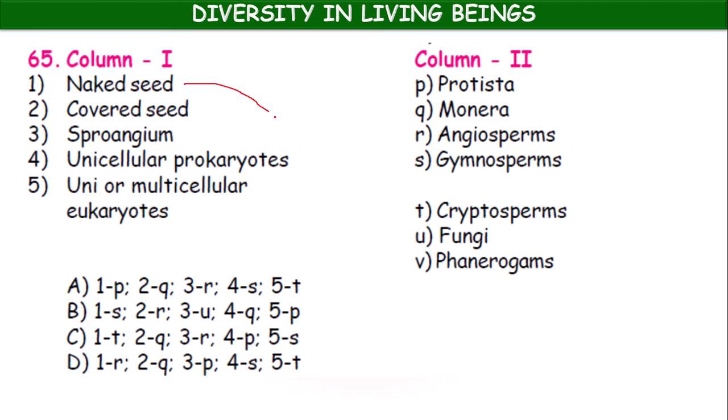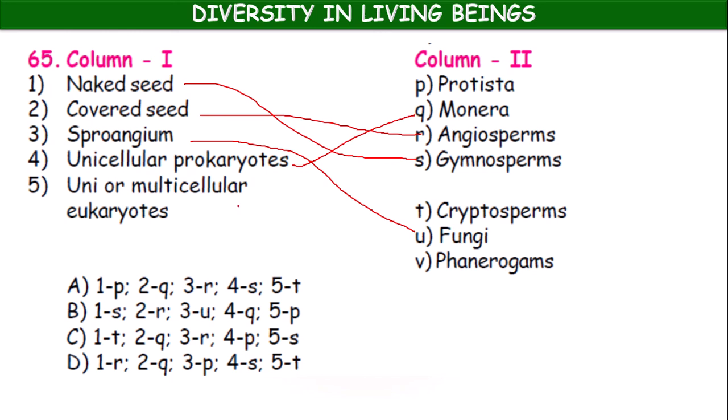Naked seeds, gymnosperms. Okay, covered seeds, angiosperms. Sporangium, fungi. Okay, spore bearing body is called sporangium. Unicellular prokaryote is a Monera.